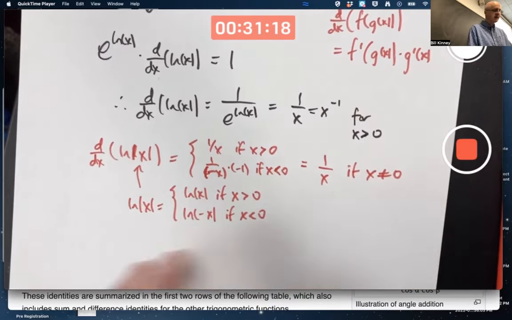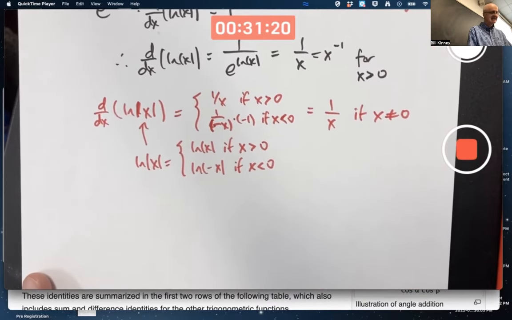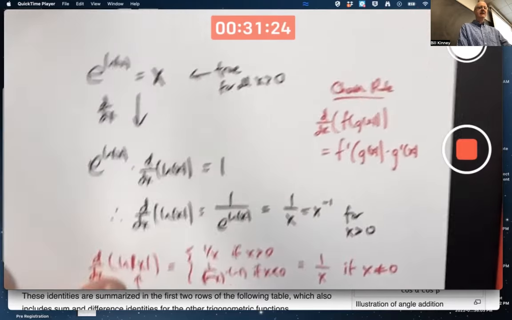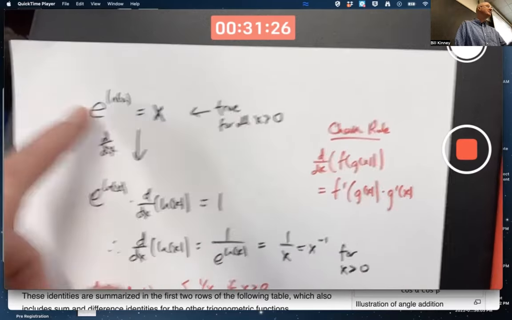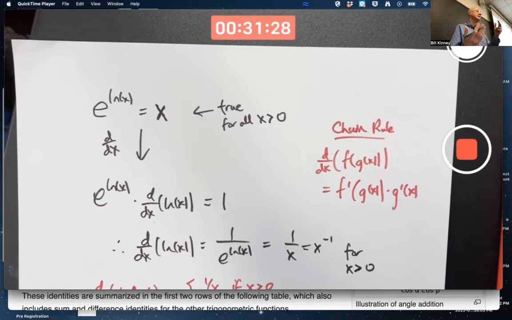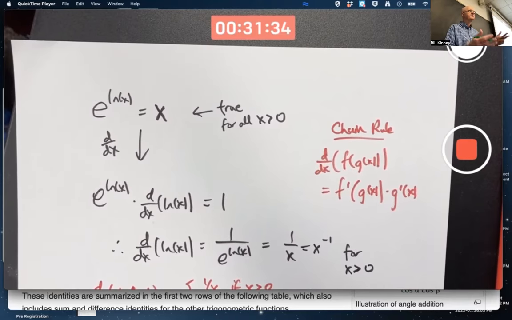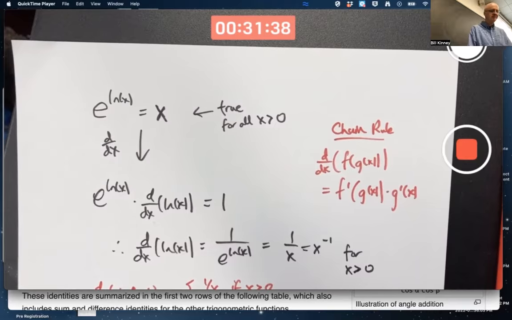Okay, what about the derivative of inverse sine? We do a similar kind of trick. Natural log of x is the inverse function of e to the x. Inverse sine of x, also called arcsine of x, is the inverse function of sine over a certain domain, at least.